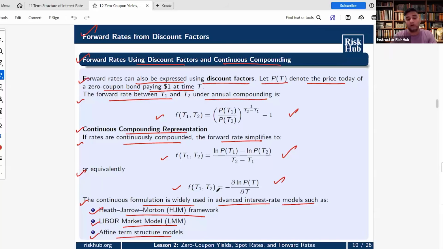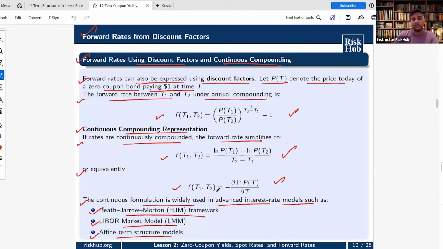F of T sub 1 comma T sub 2 equals minus the partial derivative with respect to T of the natural log of P of T. The new symbol which you are seeing, the partial derivative sign, measures the rate of change of the function with respect to one variable while the others are fixed. The third line which is given, right, is not actually equal to the second. The partial derivative is the limiting case where T2 is moved down to T1. It defines the instantaneous forward rate F of T at a single point, not the average rate over the interval T1, T2.